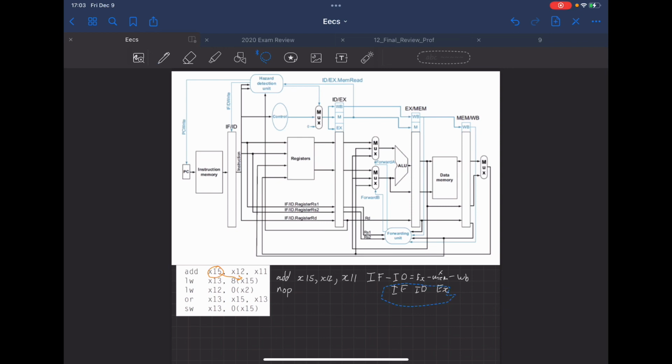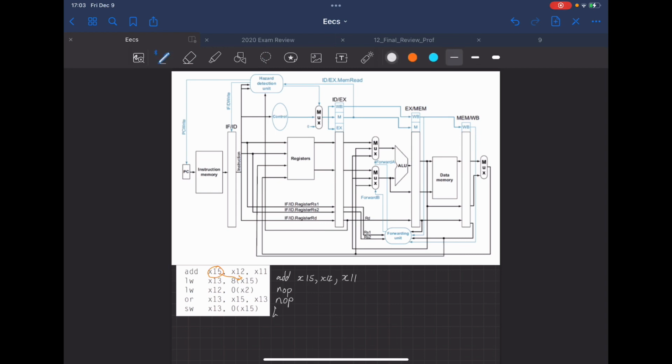If we insert one no-op, it will be right here, at the same clock cycle, but we still need another one. So we're going to insert another no-op, and the execute will be after the write back. Okay, so let's write in another no-op.